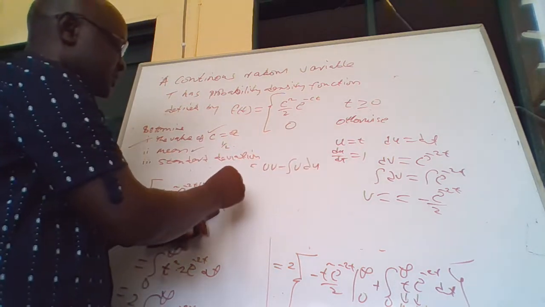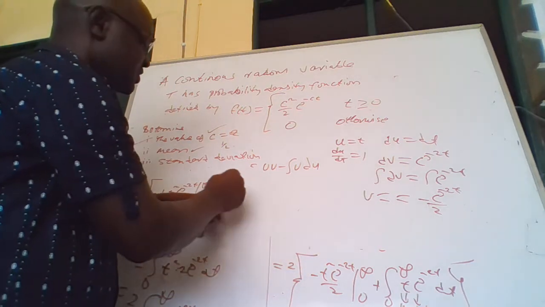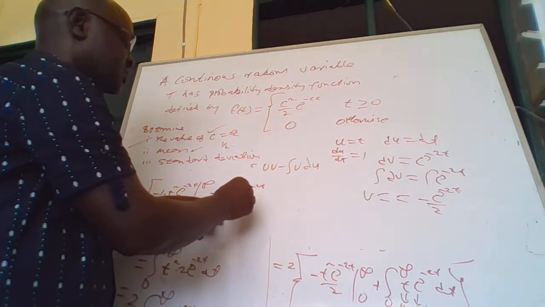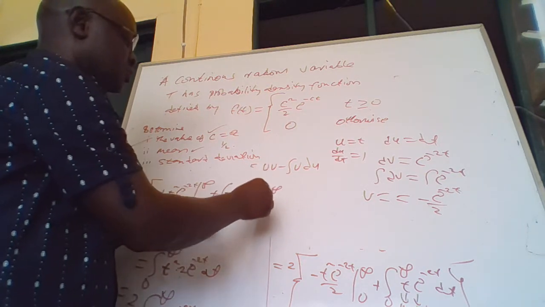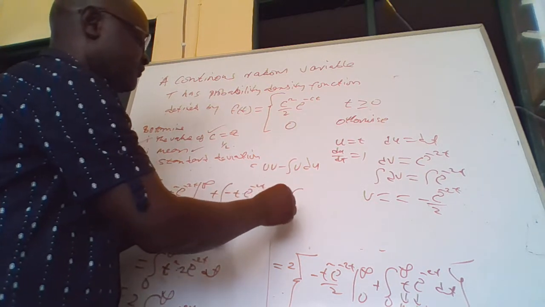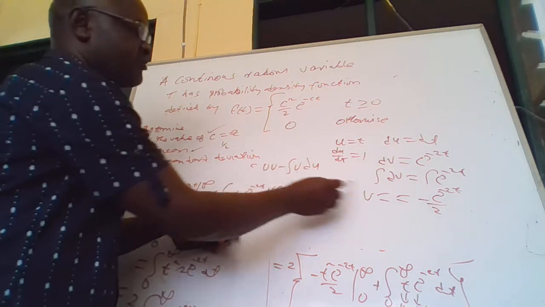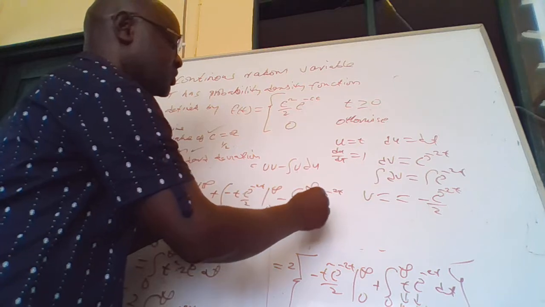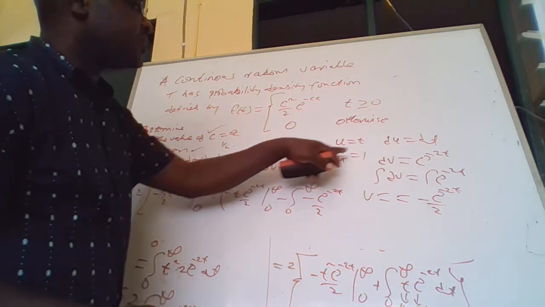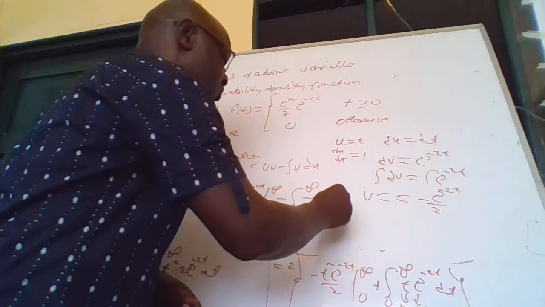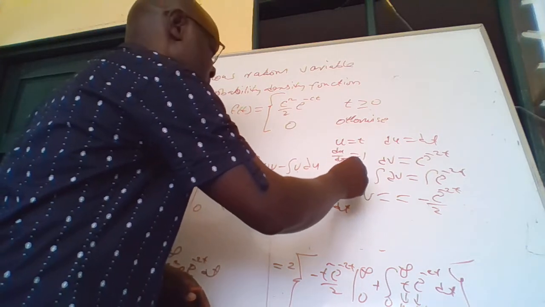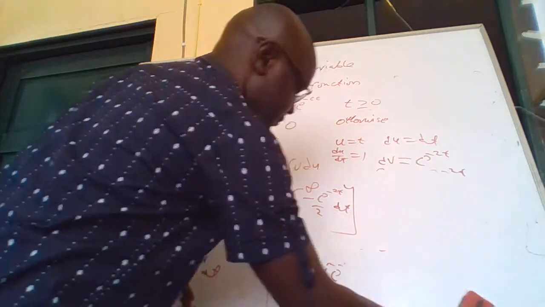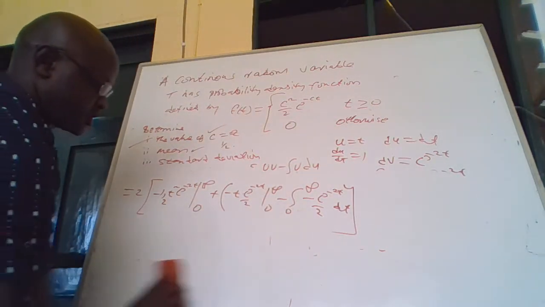Now our u is t, our v is now minus exponent minus 2t all over 2, minus from 0 to positive infinity, our v is minus exponent minus 2t all over 2, our du is dt.